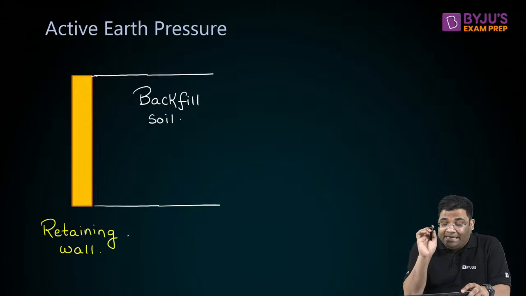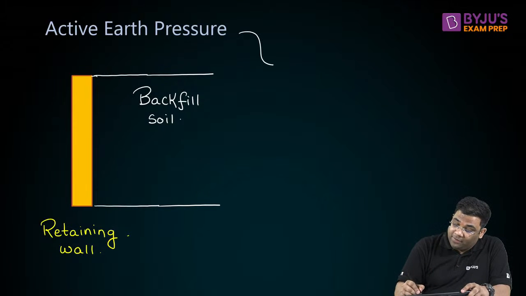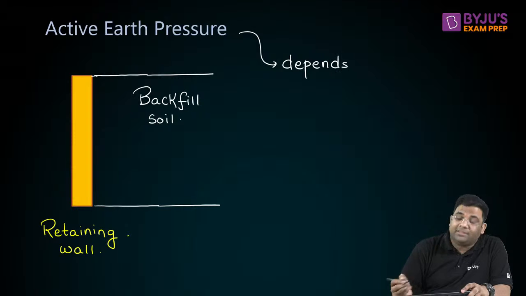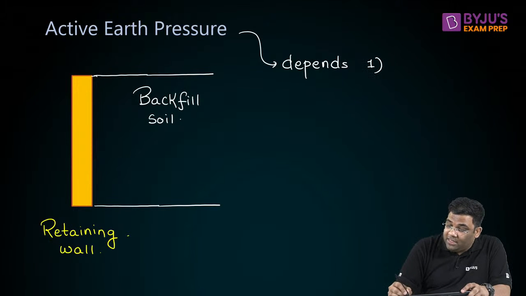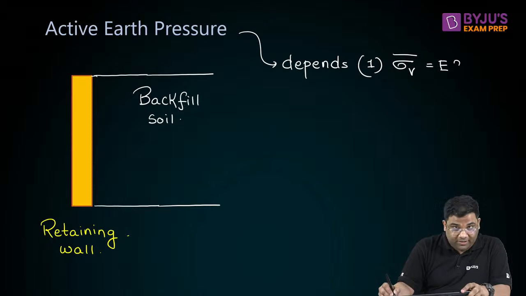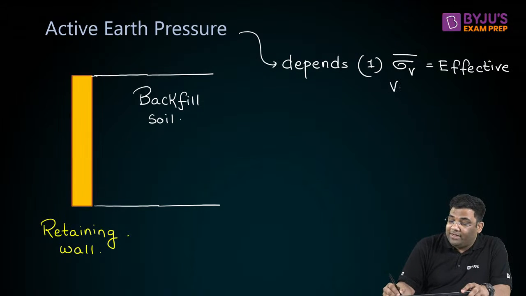Now, this active earth pressure depends on three things. First, it depends on the effective vertical stress. Welcome Mukul.